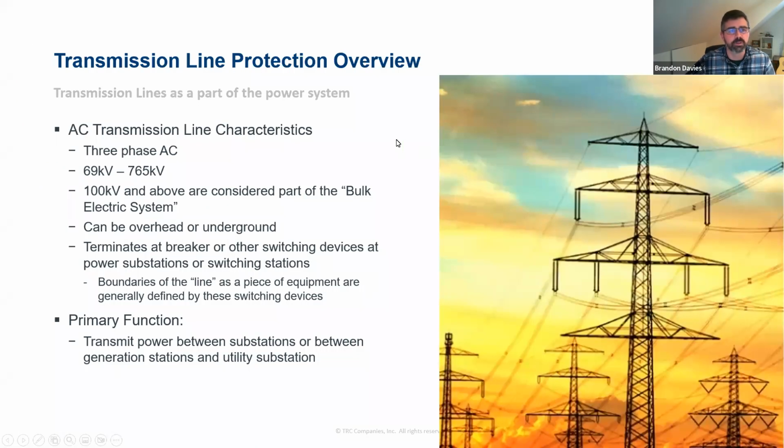So, as I mentioned, we're going to be talking about transmission line protection over the next several classes, and I want to use this first one to provide some basis and background on the transmission system.